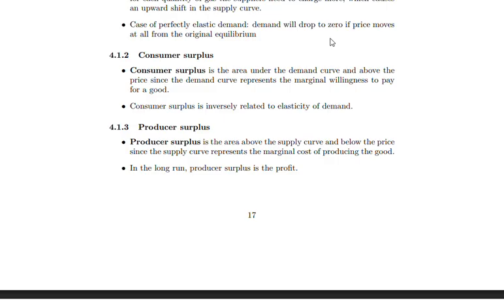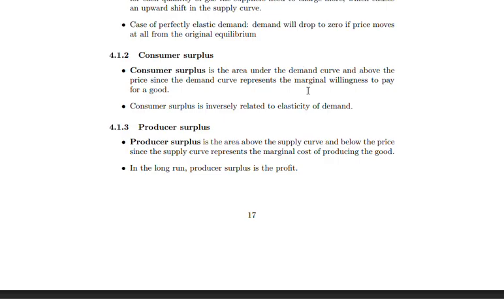That means if the item is perfectly inelastic, then the consumer surplus area is nearly infinite. But if the product is perfectly elastic, then there is no consumer surplus.